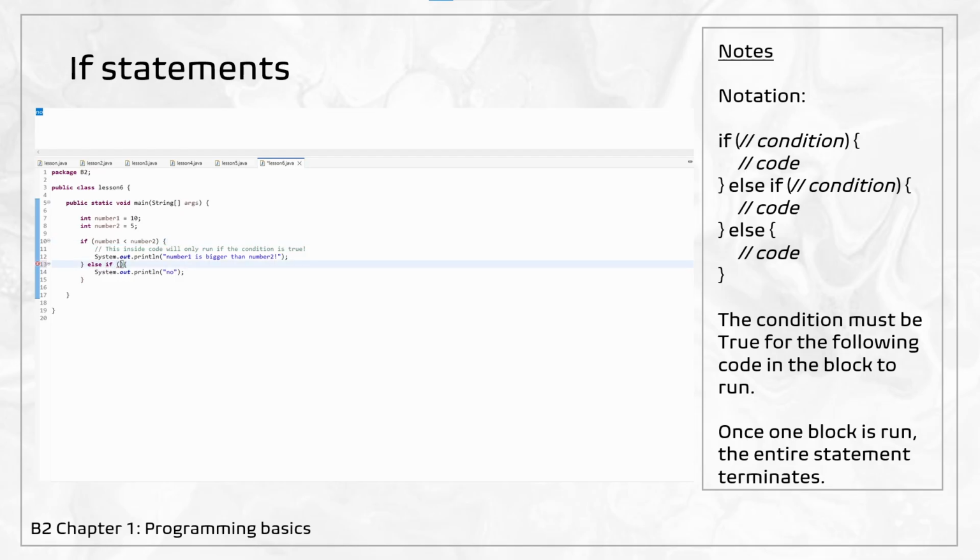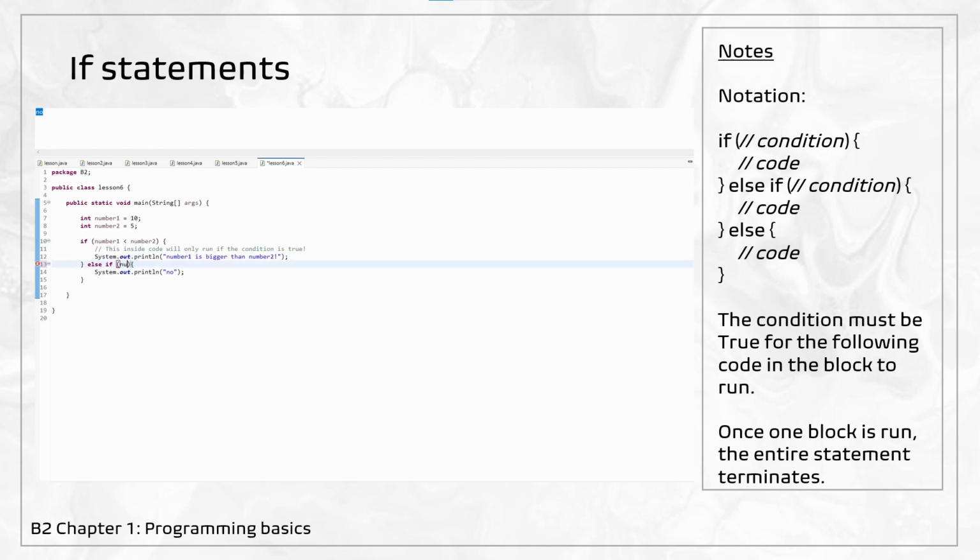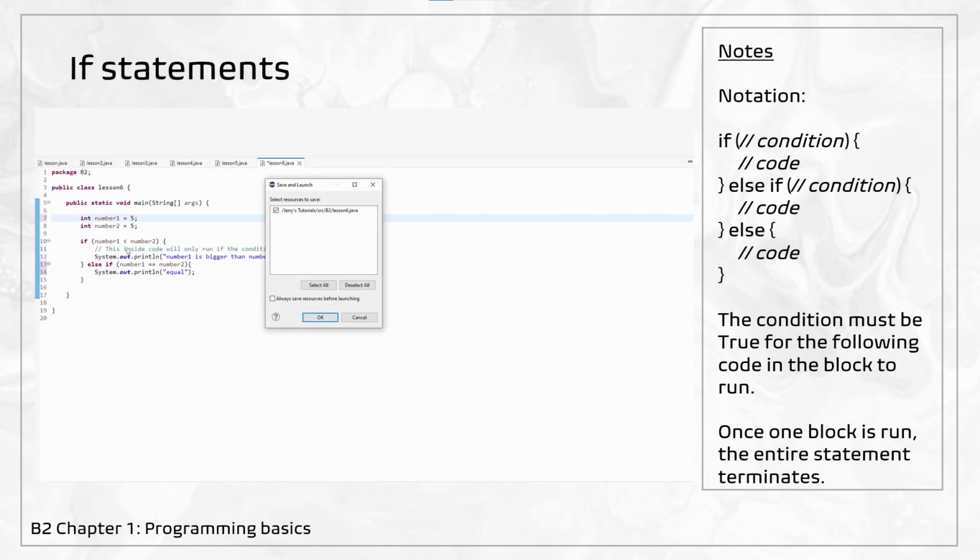So if this is false, then it checks the second condition over here. So let's say if number 1 is equal to number 2, then print "equal". And let's set this equal to 5. Then if we run the code, now because 5 isn't less than 5, it goes to this else if. Because 5 is equal to 5, it will print out equal.